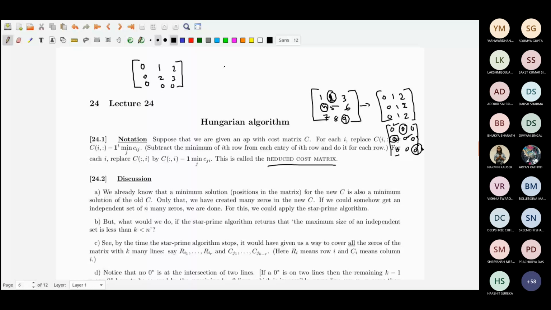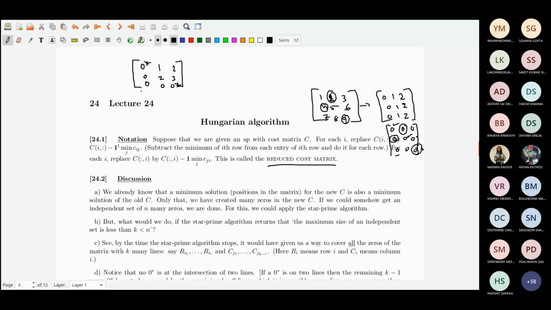Then I apply the star prime algorithm. It will give you the maximum, for example, this one. So there are 2 lines that it can cover. But did that solve my problem? No, it did not. Actually, I was searching for the minimum cost assignment, right?